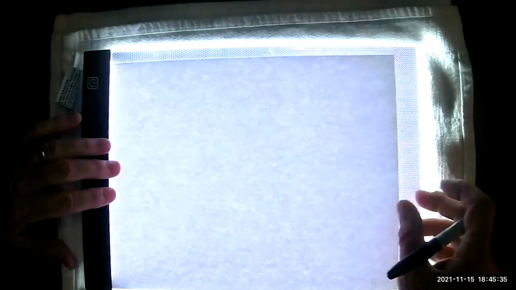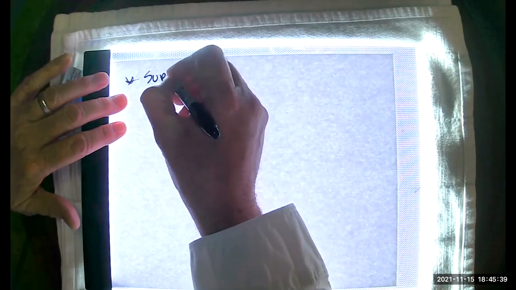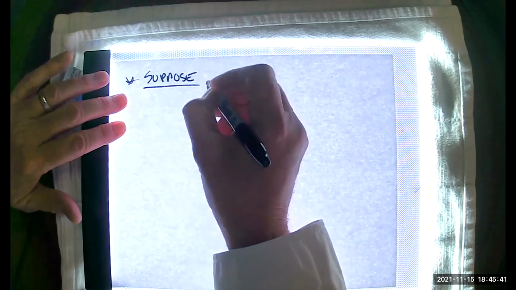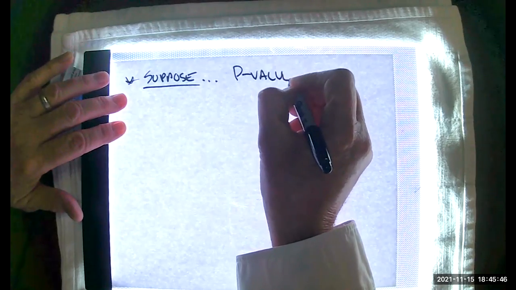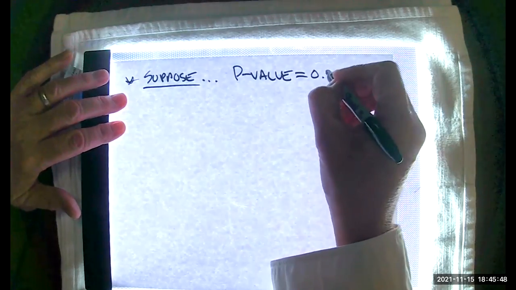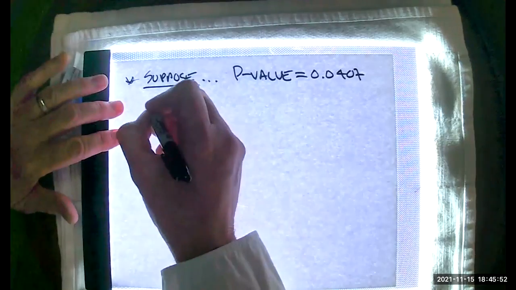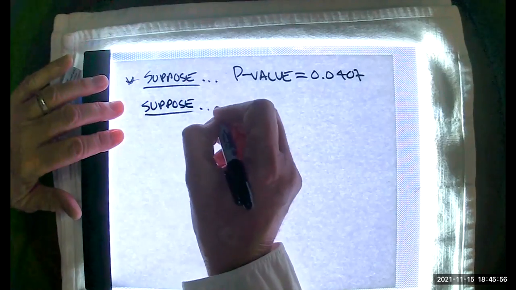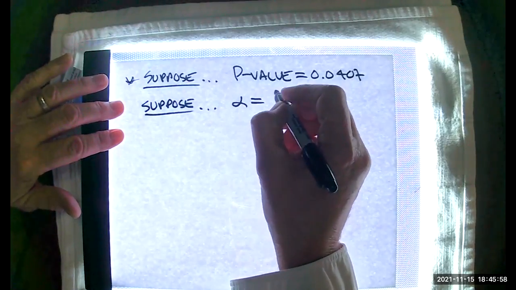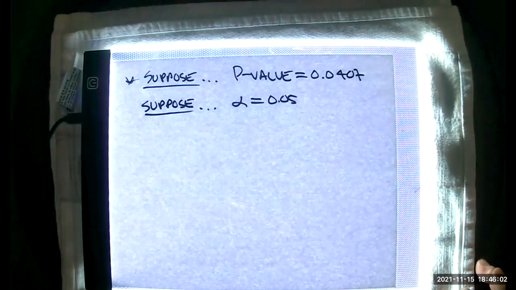So, suppose you run a test and you have a p-value equal to 0.0407. And suppose further, for this particular test of hypothesis, we are using an alpha equals 0.05 or 5%.